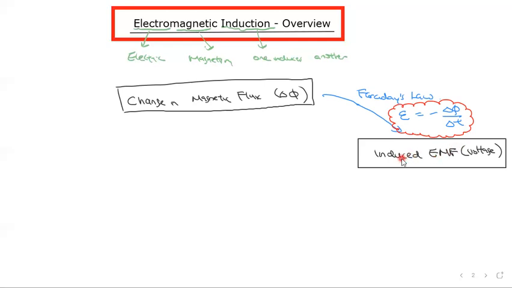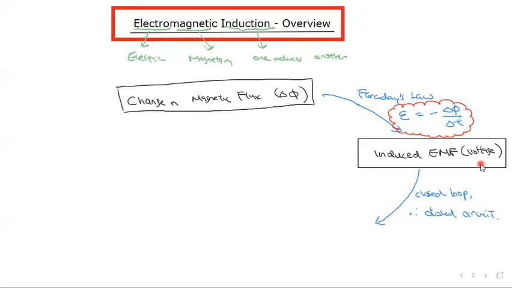Now, you have an induced EMF, which is a voltage, which means you now have a voltage in something that is a conductor. And this something doesn't have a battery, but it does have a voltage. Now, depending on your conductor, it could be possible that this conductor is closed. So if you have a closed loop, you therefore have a closed circuit.